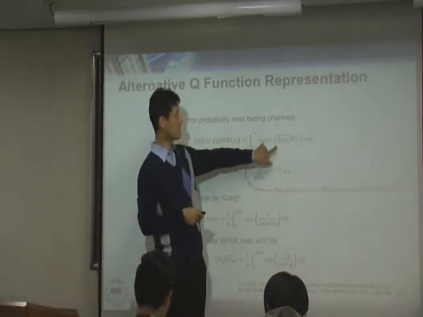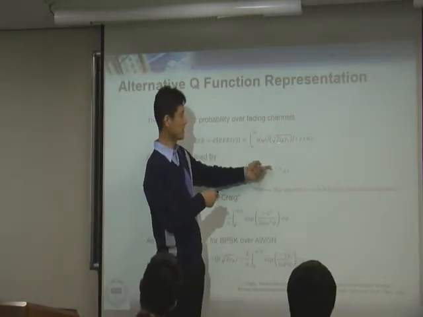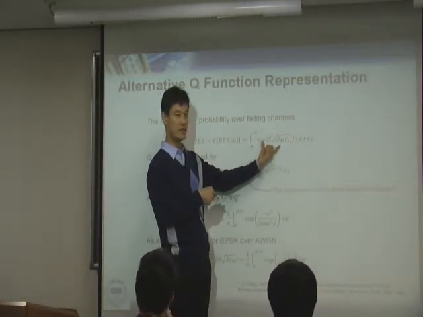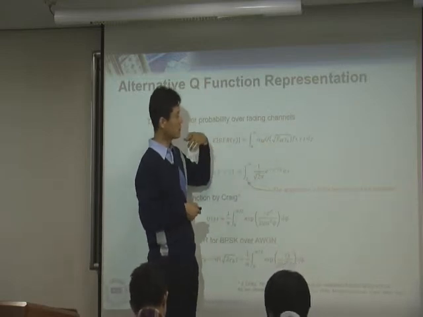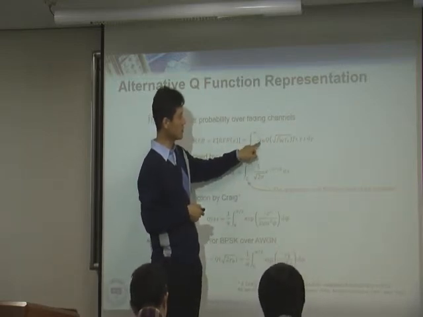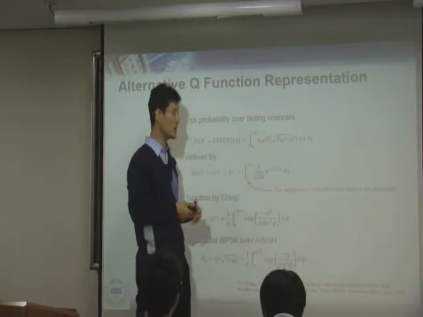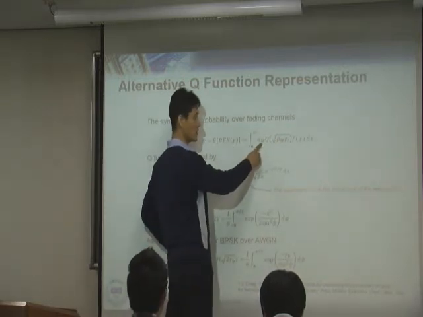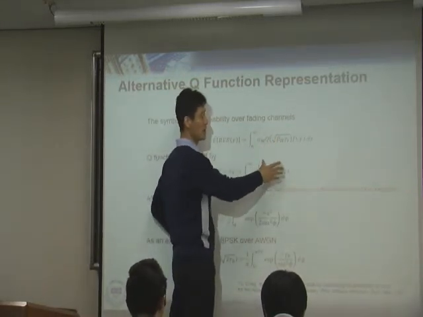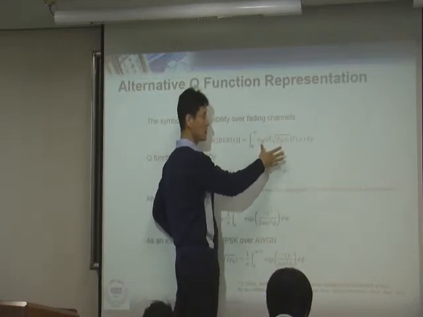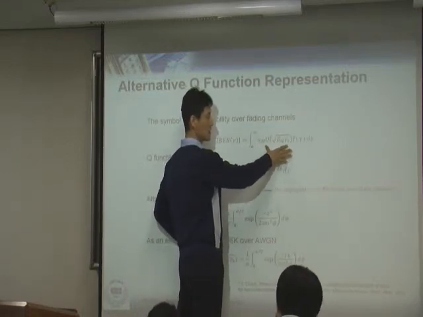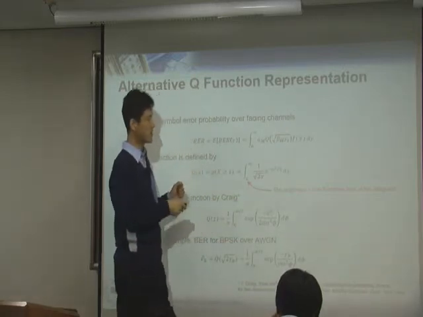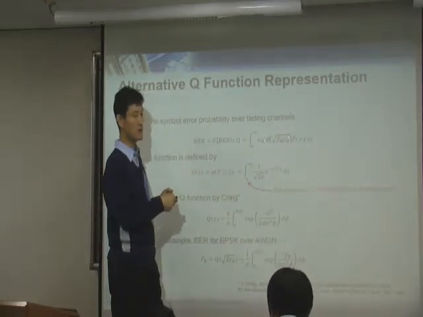As I said earlier, this is the approximation that you can use for BER for any modulation, right? For any type of modulation, you use a different alpha, a different beta. But for most modulations, the BER, or the symbol error rate, can be approximated by this single Q function.